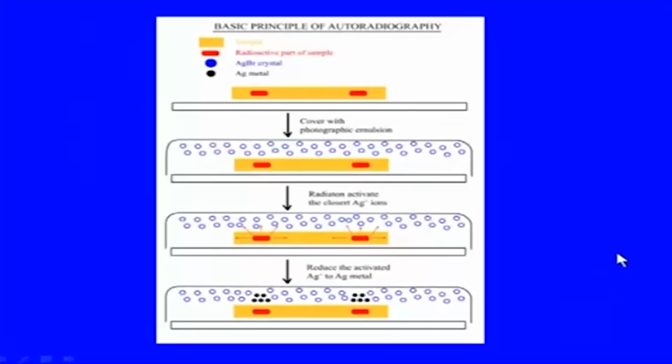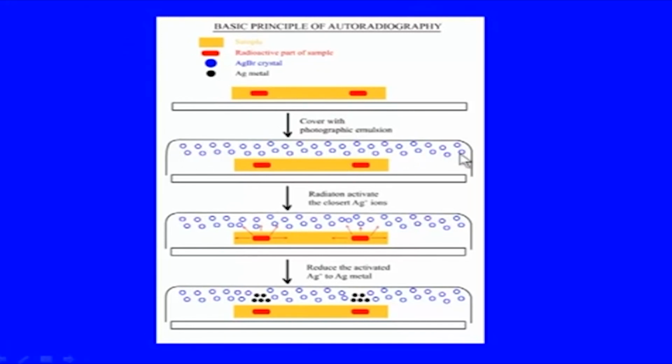Now, let us look at this figure, which explains what we have discussed. If you can see here, this is your sample, and this sample contains the radioactive material, shown in red.